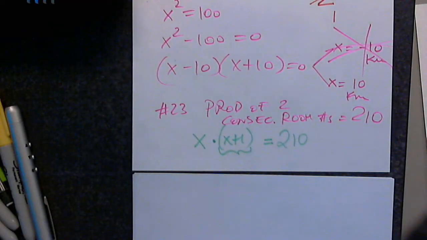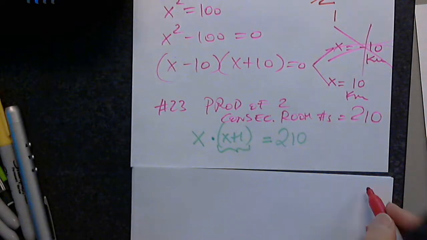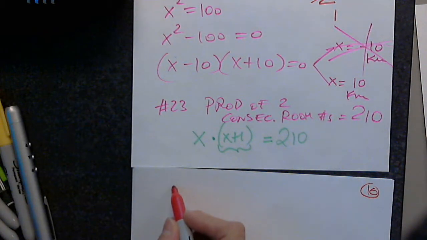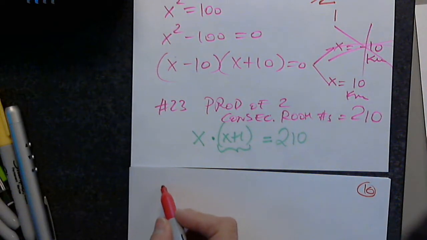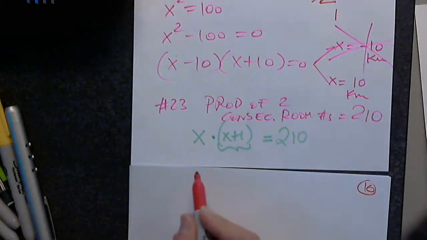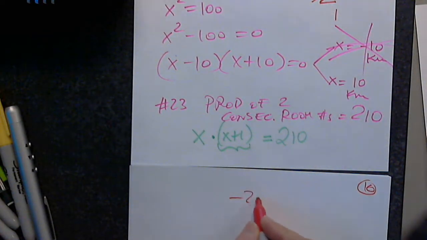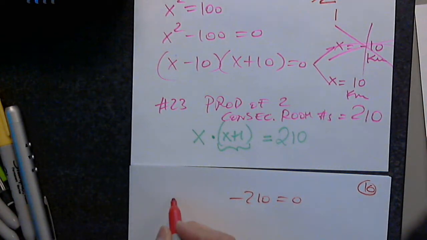How do I solve this equation? The product of 2 consecutive numbers equals 210. What do I have to do? Solve this equation for x. We solved one a few minutes ago. Very good, because I have to have 0.